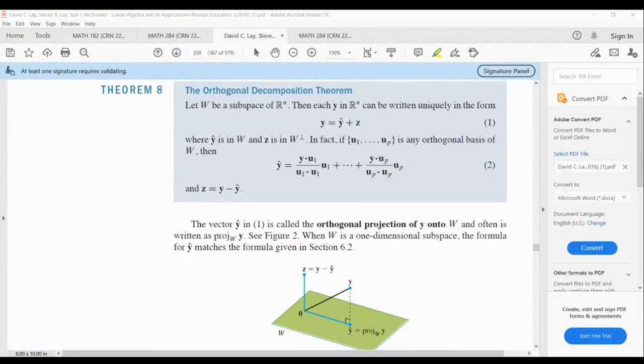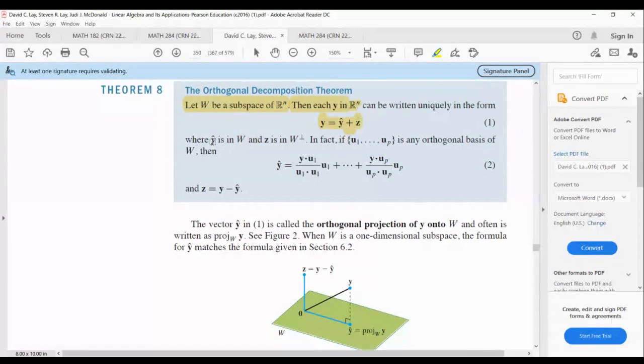Here, we're going to let W be a subspace of R^n. Every vector y in R^n can be written uniquely as the sum of two vectors, a vector y hat and a vector z.